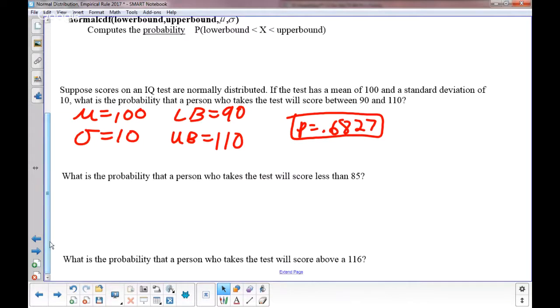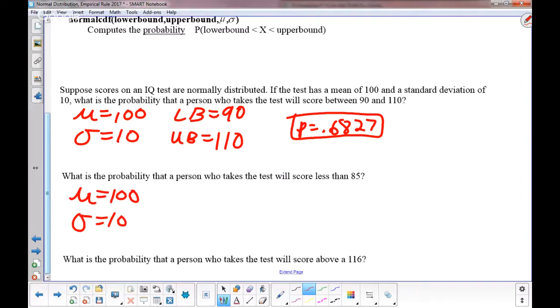What is the probability that the person who takes the test will score less than 85? So we're still going to use the same mean and standard deviation. Mean is 100. Standard deviation is 10. Now, less than 85. So my lower bound, my upper bound. Well, since we're less than 85, that's my upper bound. 85 will be my upper bound number.